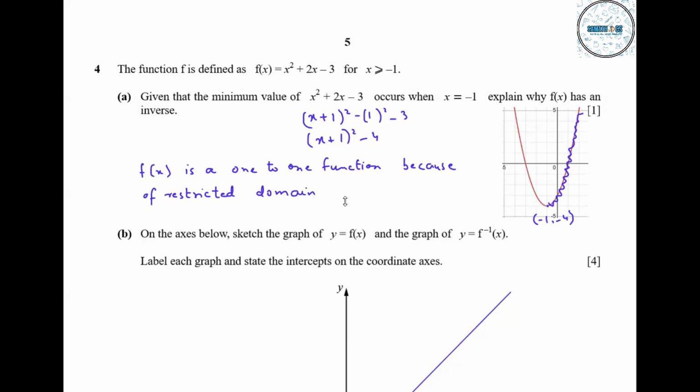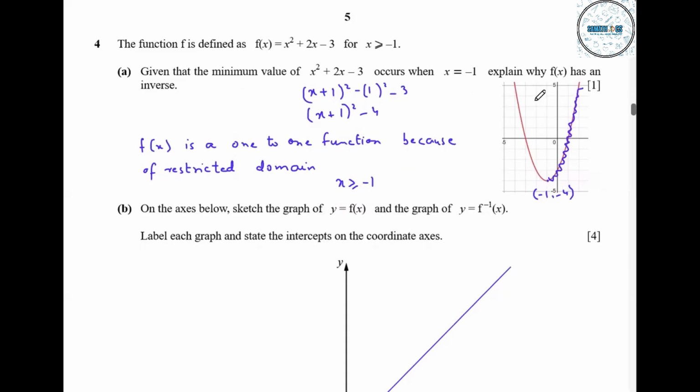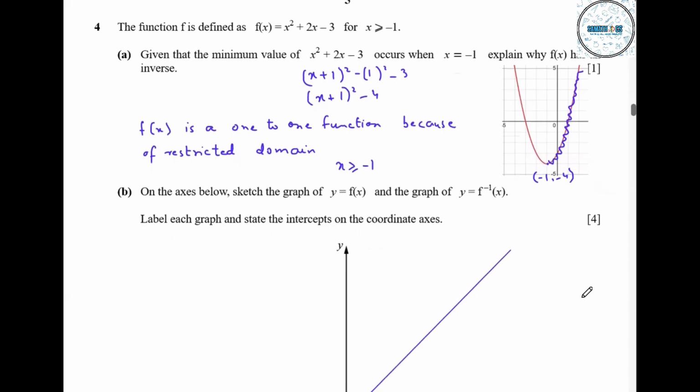That is, x is greater than or equal to minus 1. This graph was drawn for your understanding.